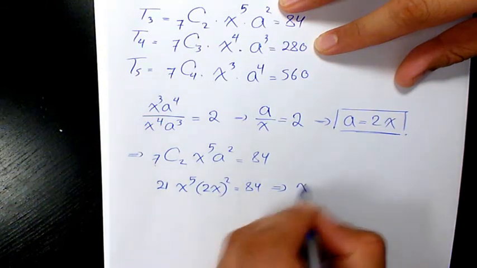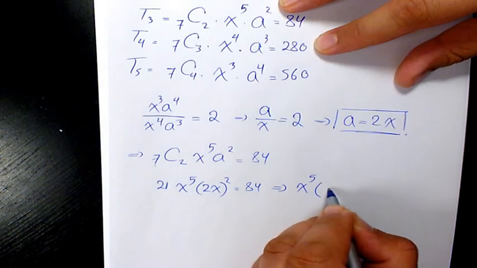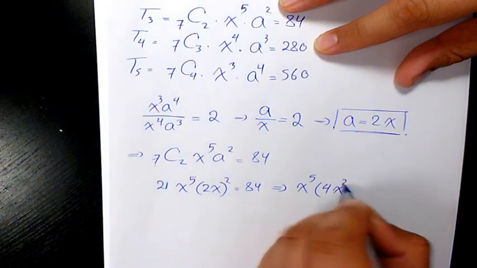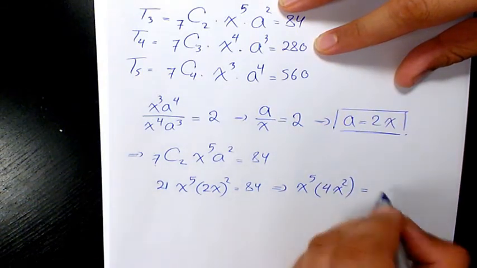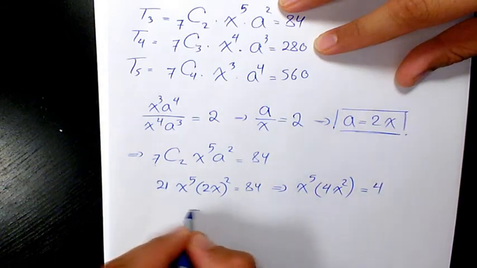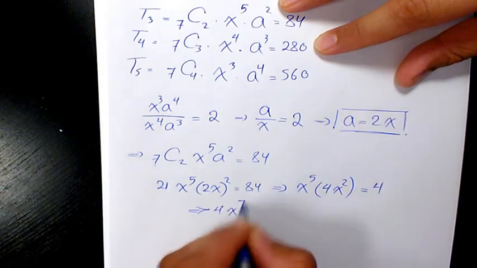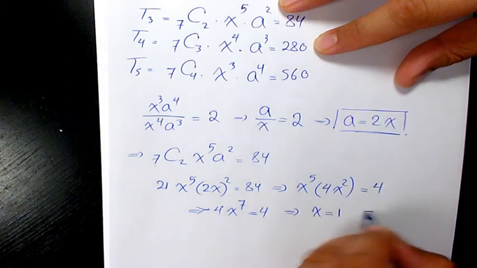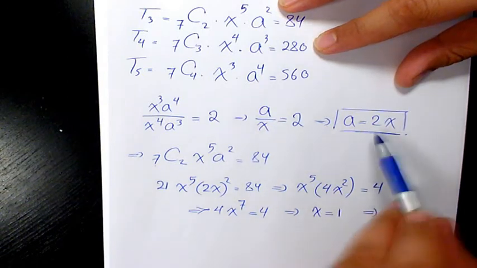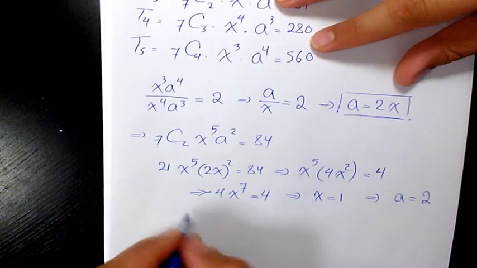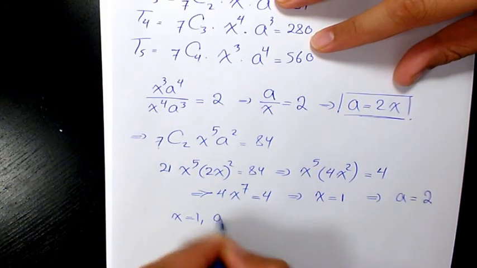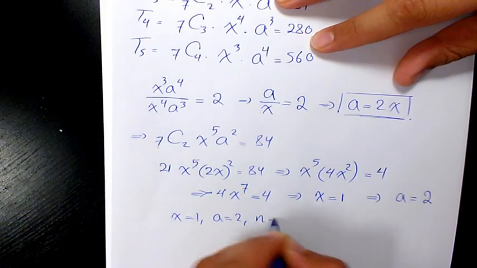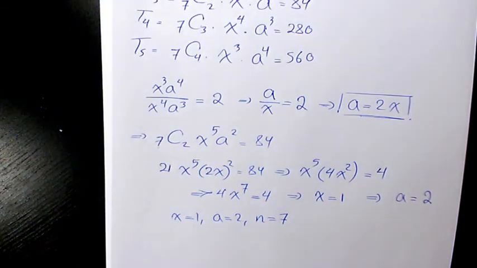So that's going to be x to the power of 5, 4x squared equals 84 divided by 21, which is 4. Therefore, x to the power of 7 is 4 over 4, so x is going to be 1. And a is going to be 2 times 1, which is 2. So x is 1, a is 2, and n is 7. So that's going to be the final answer.